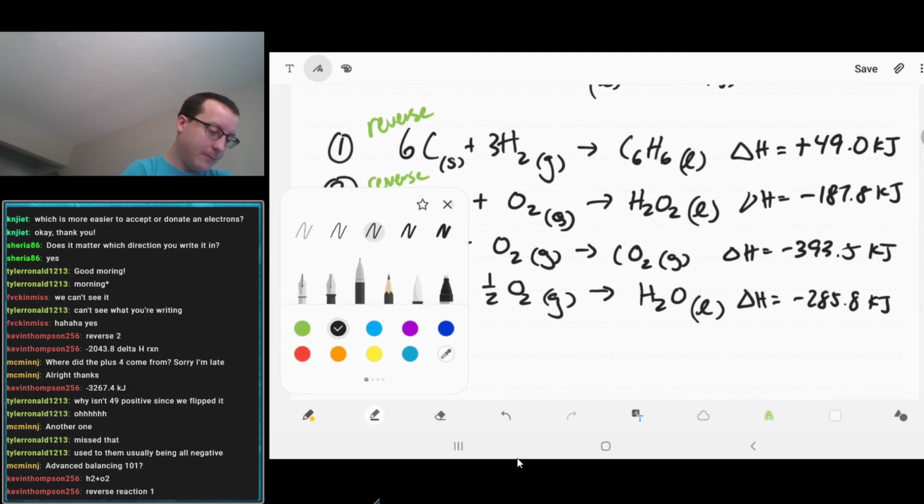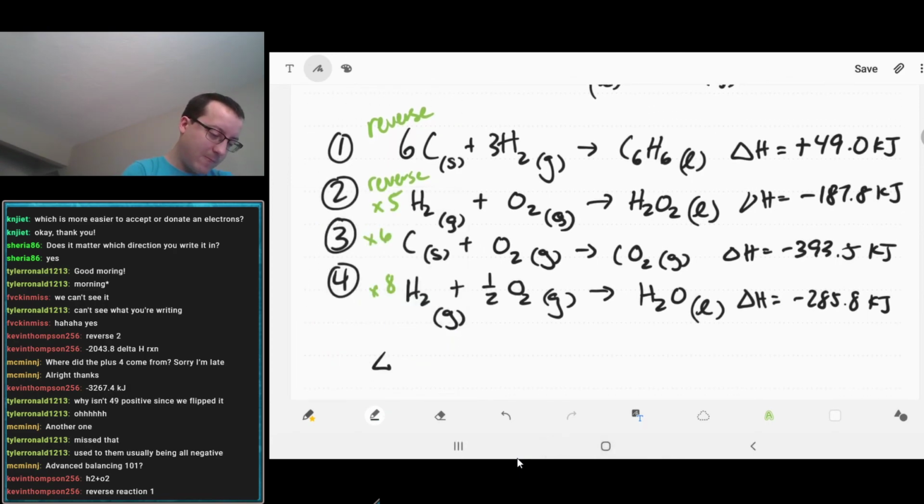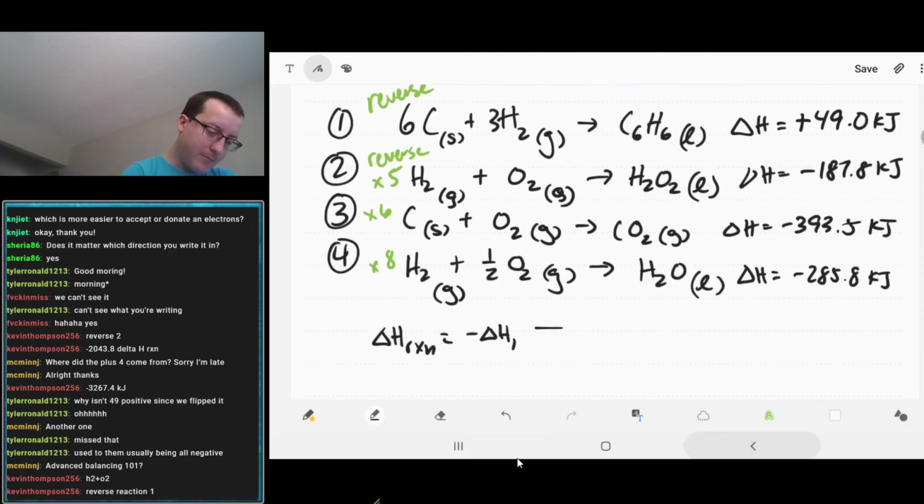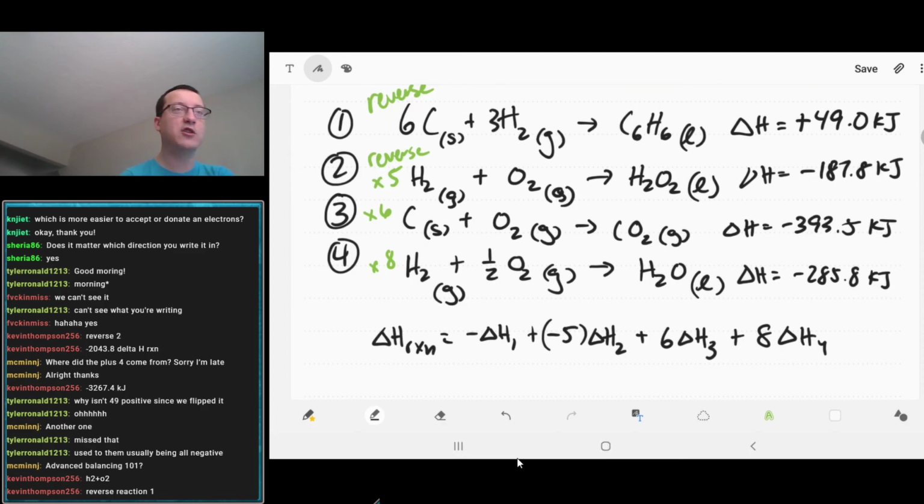So delta H for the total reaction is going to be negative delta H1 plus negative 5 times delta H2 plus 6 times delta H3 plus 8 times delta H4.